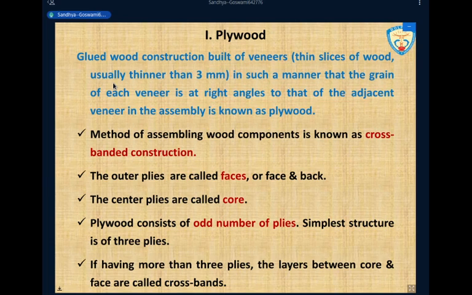This construction, where the grains are at right angle to the adjacent veneer's grain, is the main construction of plywood, right? So we put the thin slices of wood in such a manner that their grain, meaning the direction of wood cells along the axis, is at 90 degrees angle with each other, and then we name it plywood.